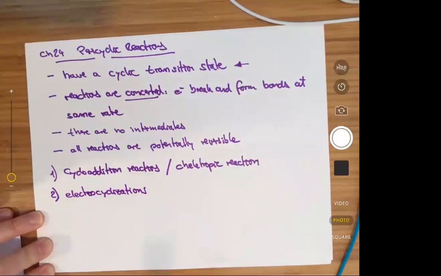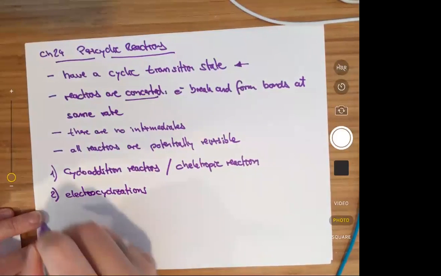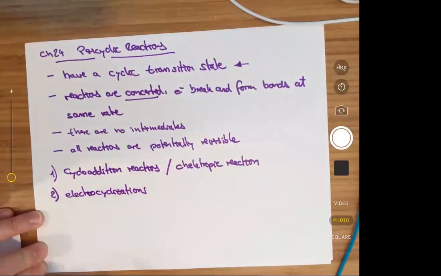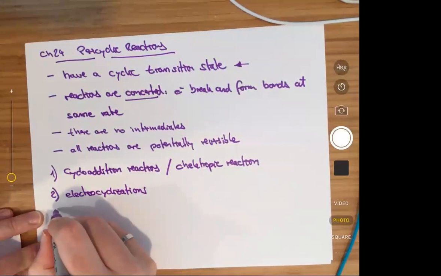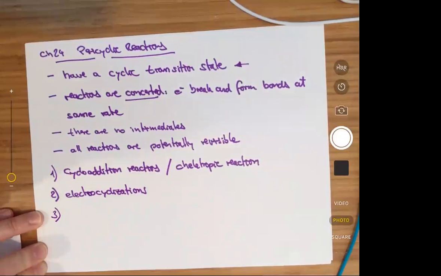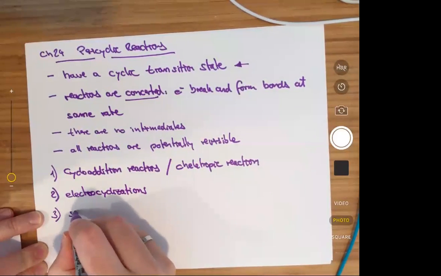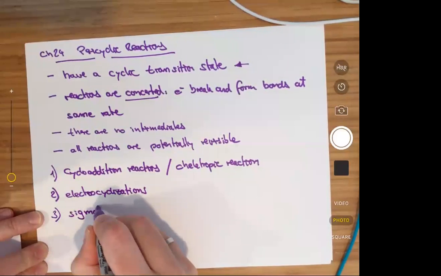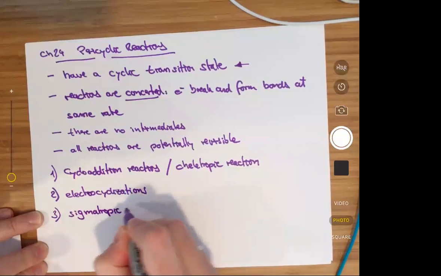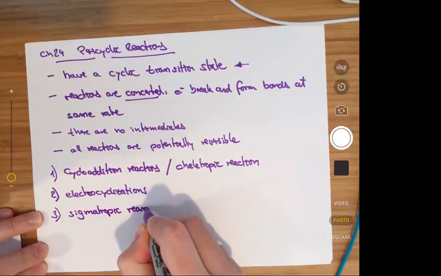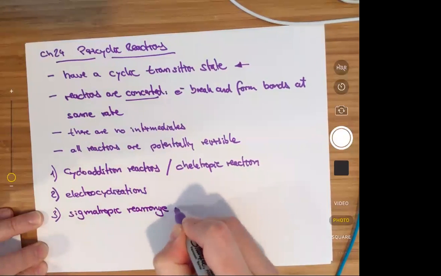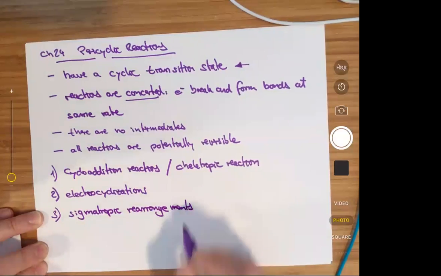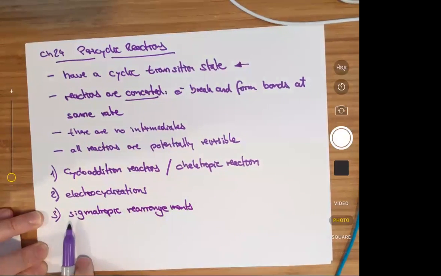They occur within the molecule itself without having two partners or two reagents. The third class is sigmatropic rearrangements. This is a class where essentially a sigma bond moves along a pi system, and we'll give some examples for that in just a second.